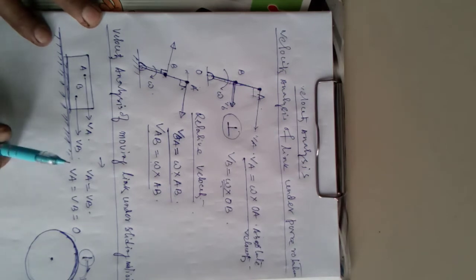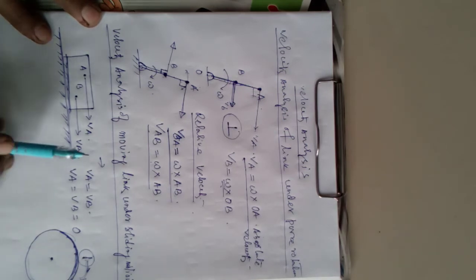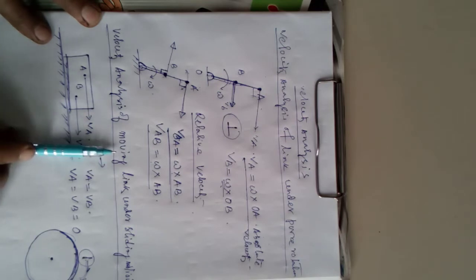There are two approaches to calculate the velocity of a particular link in a particular mechanism.